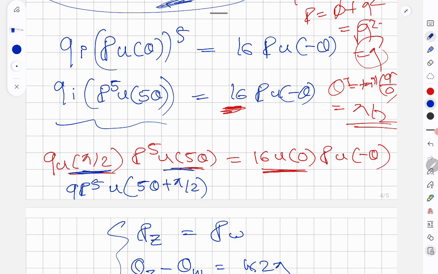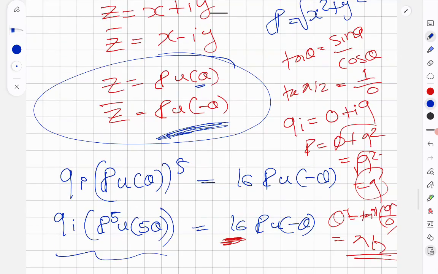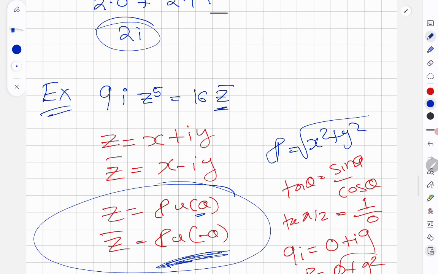And this one is 16 rho u^(minus theta), right? We'll multiply these together, and the angles will be added. How does minus theta come from? Minus theta is given in the question. No, it was given, z conjugate.